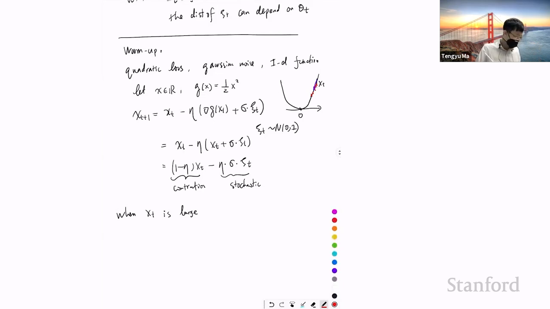However, so let me finish. The contraction dominates when xt is large. However, when xt is very small, or maybe xt is 0 for simplicity, then the noise is dominating the process.